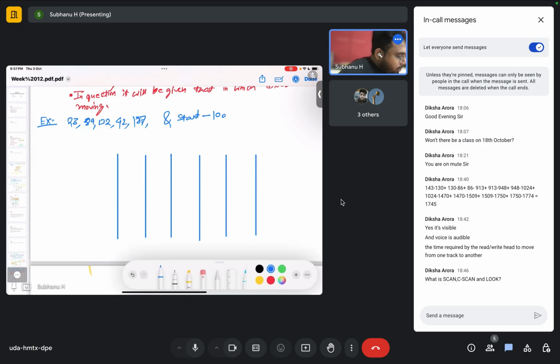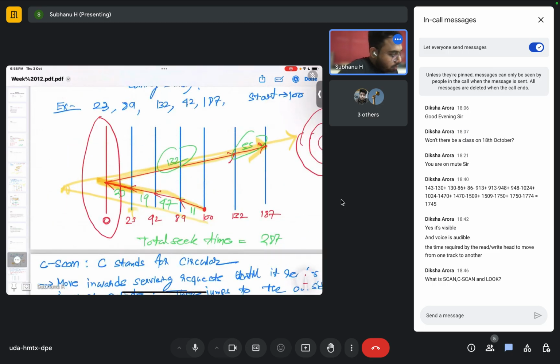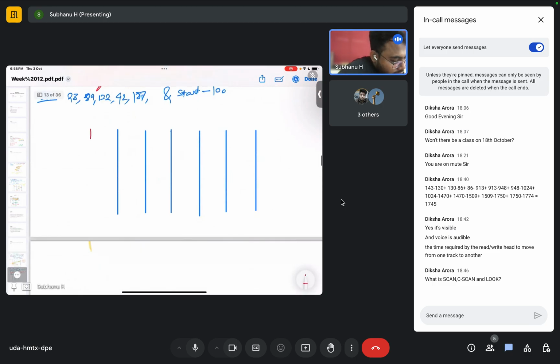In C-SCAN I have to draw the first one and last one, 0 and 199, and I'll be writing the middle ones, 32 and 187.